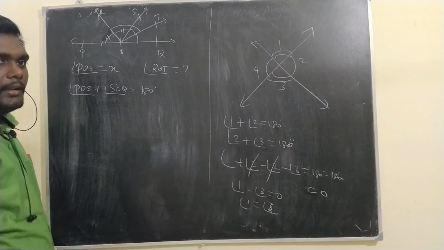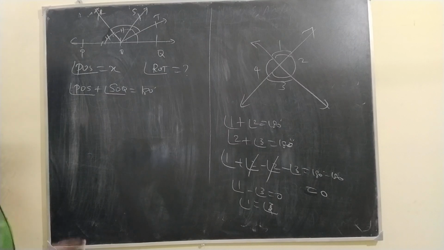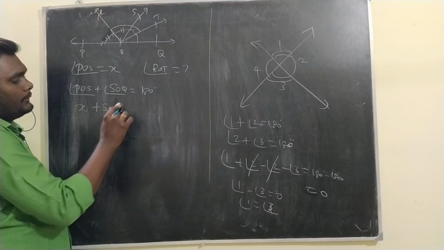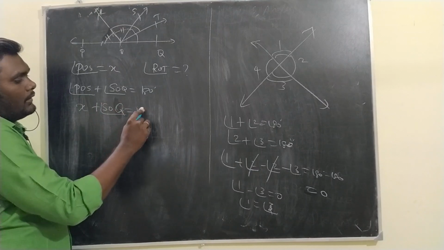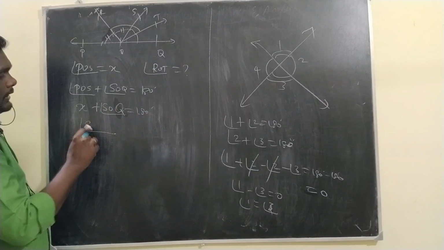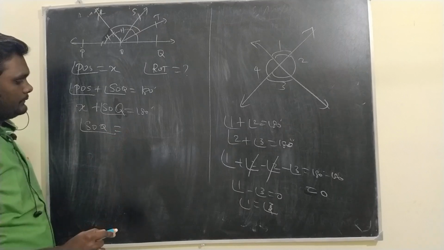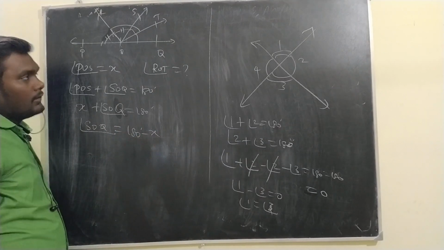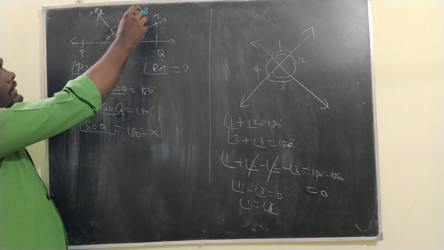They are a linear pair. So POS is X plus angle SOQ equals 180 degrees. So angle SOQ is how much? 180 degrees minus X.